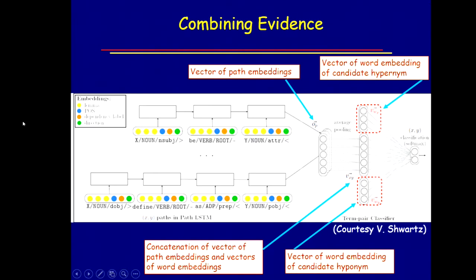But the contribution in this paper is actually twofold. One is that they model all this problem through this architecture. So you have vectors of embeddings being fed through an LSTM to end up with the vector of path embeddings. And then the other contribution, as I said earlier, is combining evidence of two kinds.